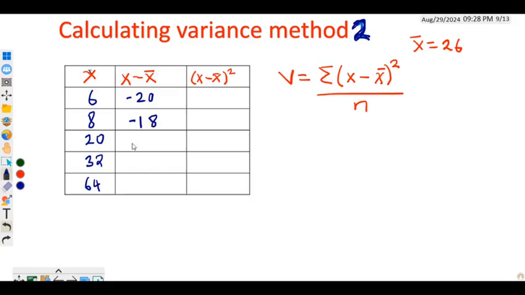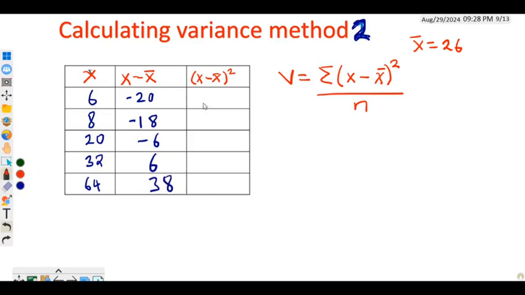Then 20 minus 26, we are going to have a negative 6. Then 32 minus 26 gives us a positive 6. Then 64 minus 26 will give us a 38 right here.